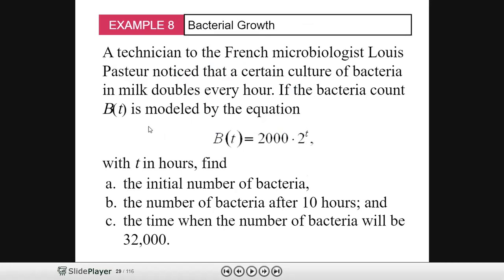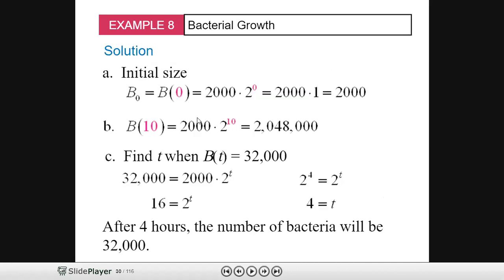If the bacteria amount B(t) is modeled by the equation given with t and r, find the initial number of bacteria, the number of bacteria after 10 hours, and the time when the number of bacteria will be 32,000. We are using this equation, and it is an exponential function because of this exponent, and this is the rate of the bacteria. So we can solve just like that.